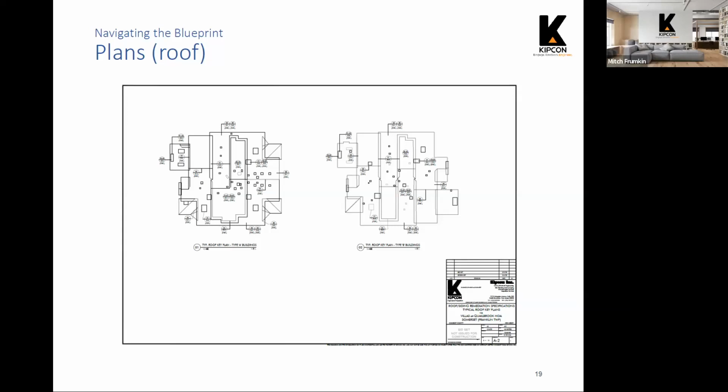But if you look, it shows the typical layout of the roof and where the slopes are, and perhaps some mechanicals where they come through the roof. You'll also notice these sort of bubbles here with a line through portions of the building. We're going to talk about those and what kind of information they will provide.